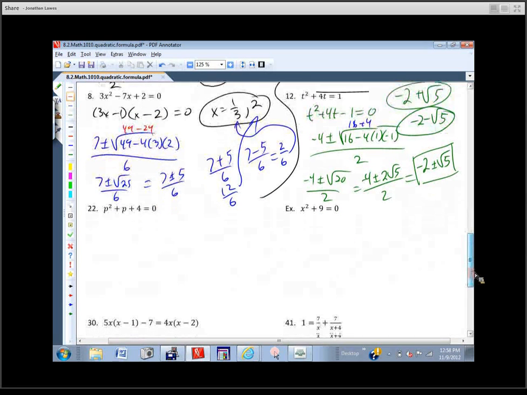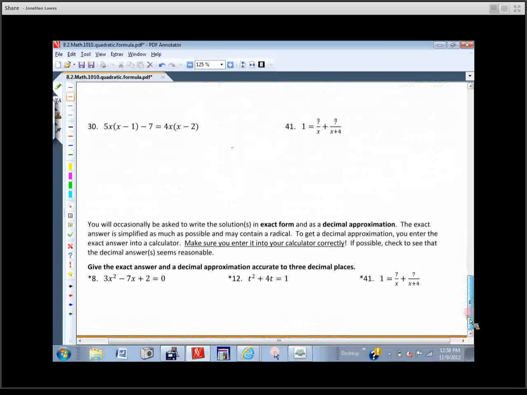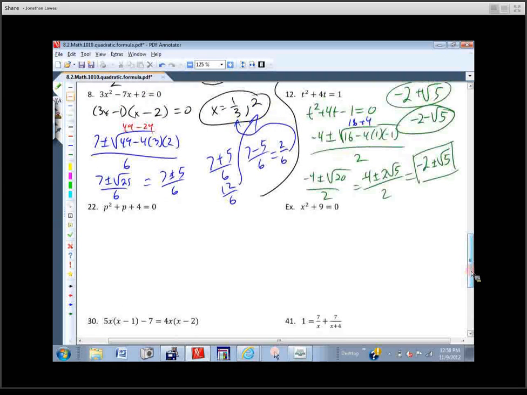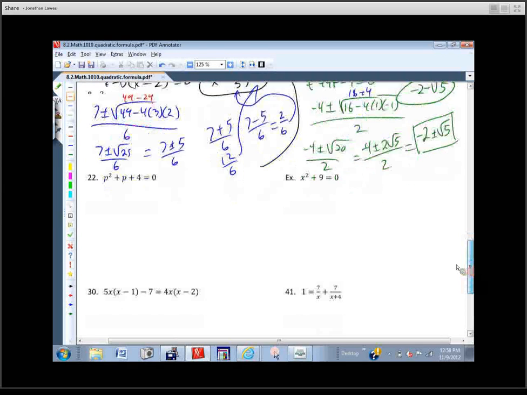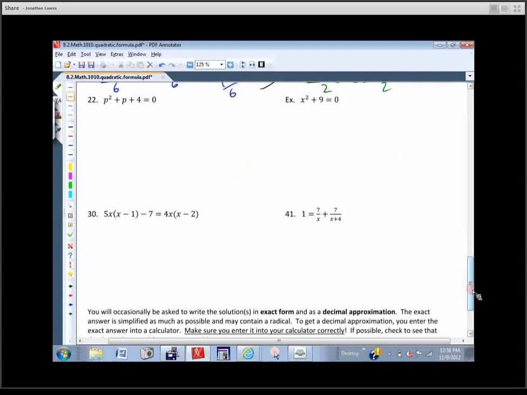Okay, would you solve 22 and check with your neighbor? Is there anything good about this problem?